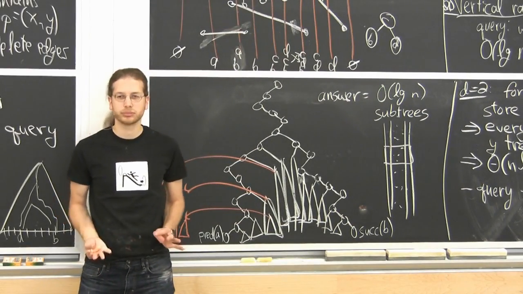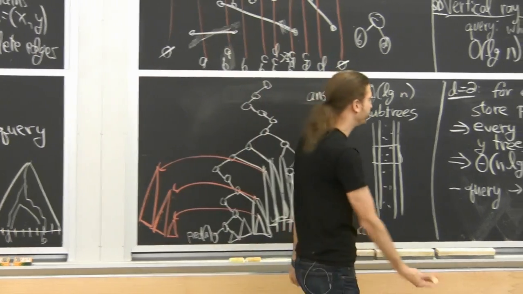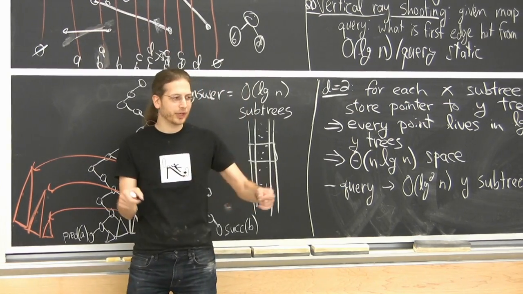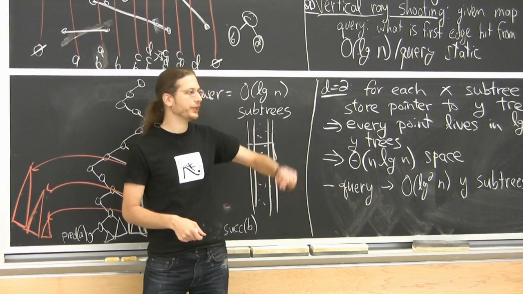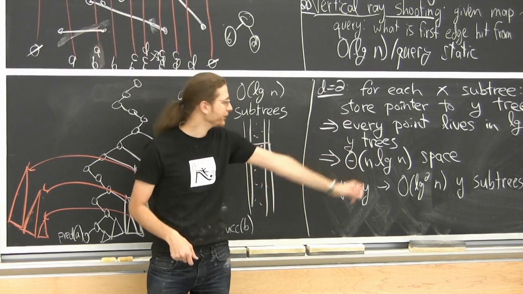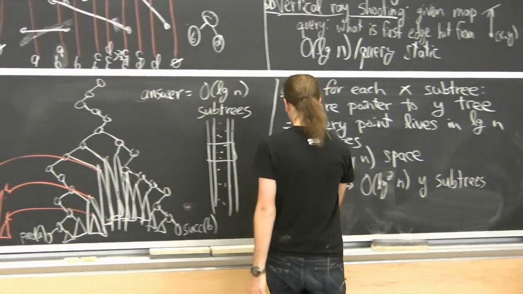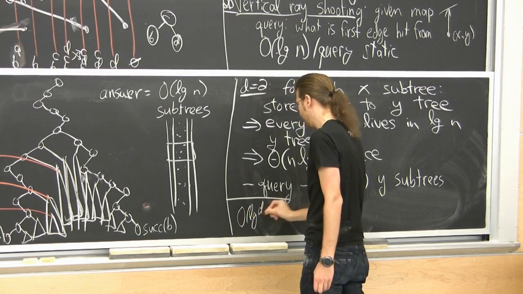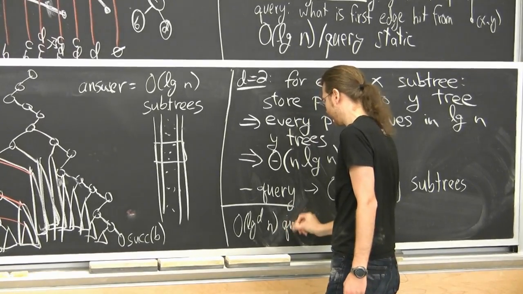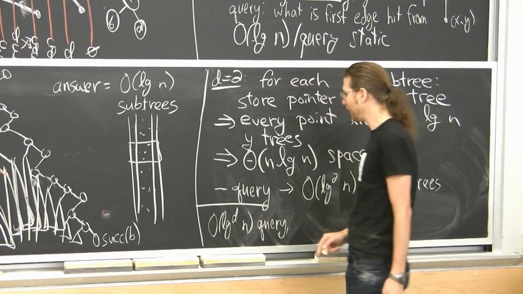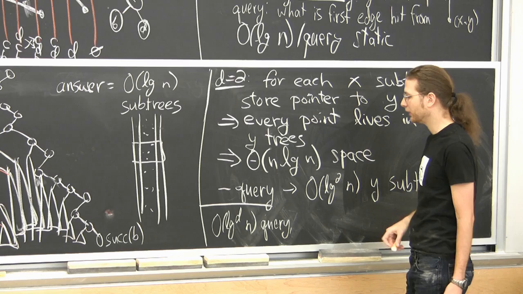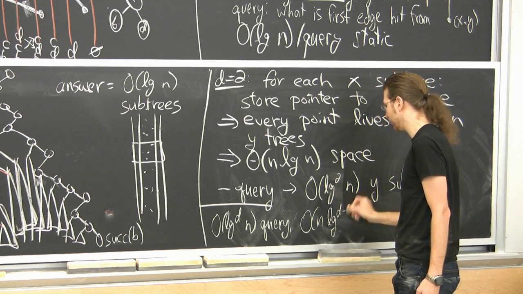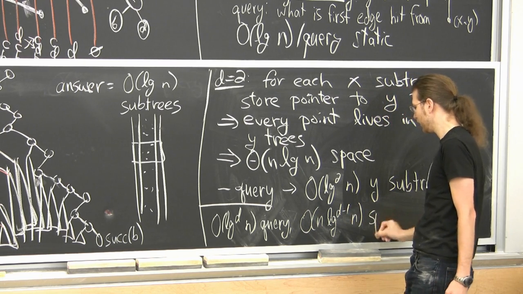Okay, pretty easy. Of course, d dimensions is just the same trick. You have x tree, every subtree links to a y tree, every y subtree links to a z tree, every z subtree links to a w tree, and so on. For d dimensions, you're going to get log to the d query, as I claimed before. How much space? Well, every dimension you add adds another log factor of space. So it's going to be n log to the d minus 1 space.